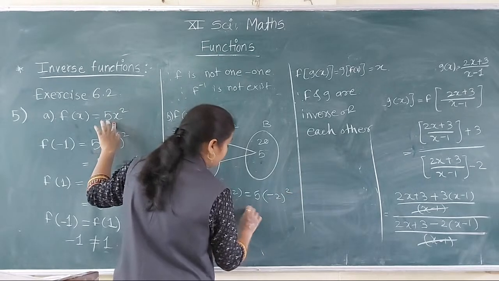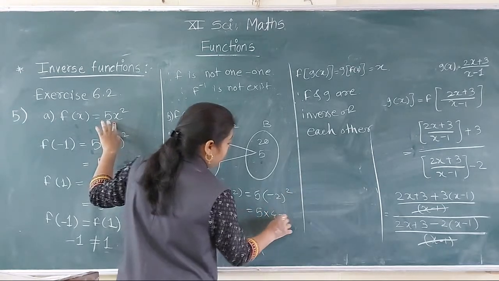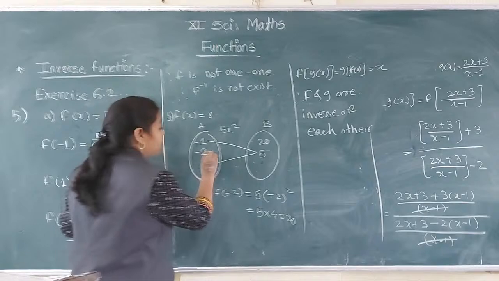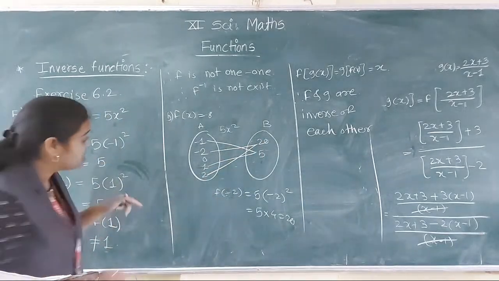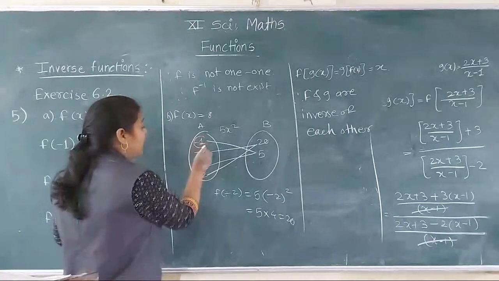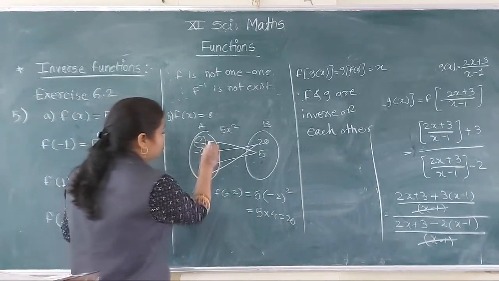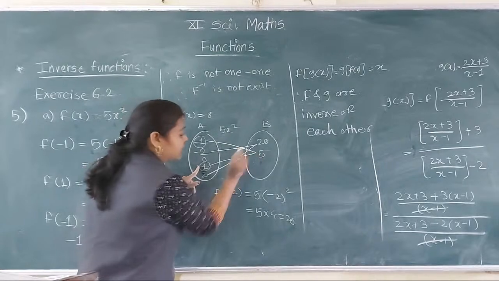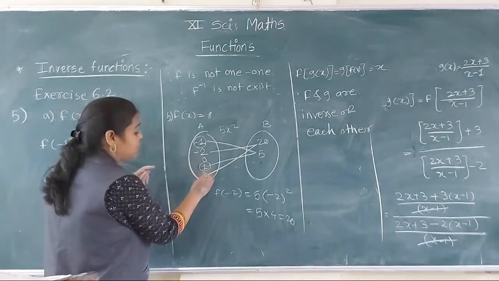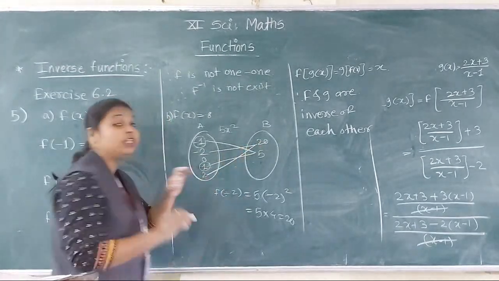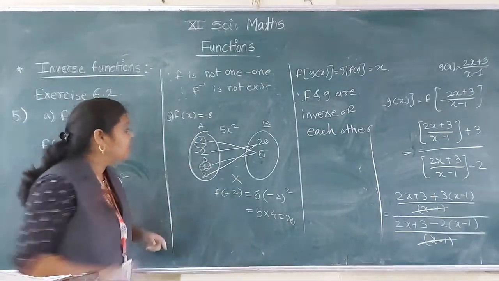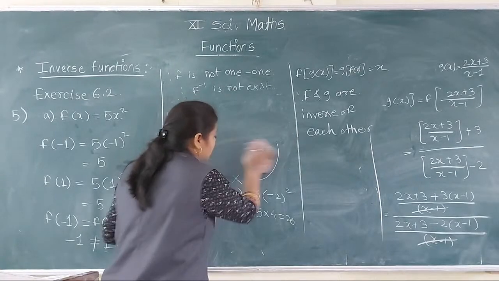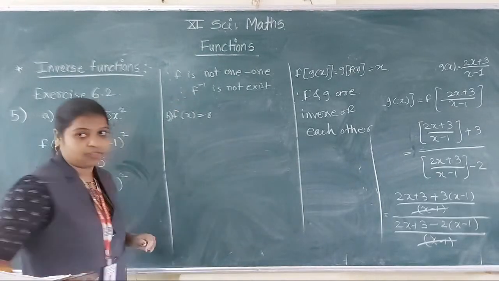The square of -2 is 4, 5 into 4 is 20. So the value for -2 is 20, and the value for 2 is also 20. That means two elements have the same image. Here also -2 and 2 have the same image. So it is not a 1 1 function. So with the help of this diagram we also understood things about the 1 1 function.